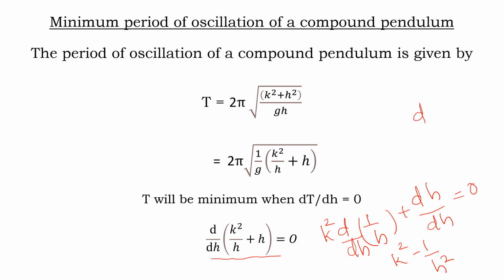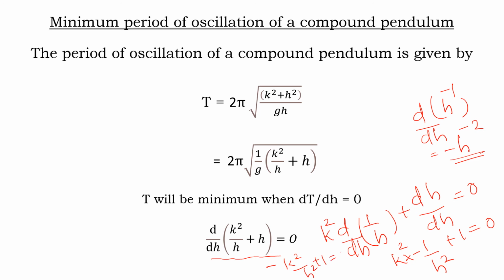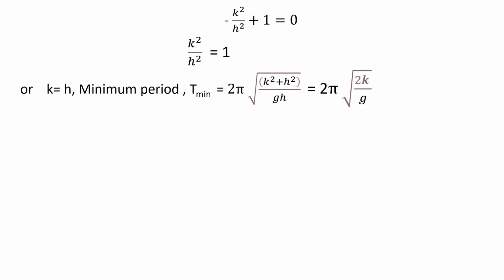We know that d by dh of h raised to minus 1 is minus h raised to minus 2. That is, k square into minus 1 by h square plus 1 is equal to 0, or minus k square by h square plus 1 equal to 0, or k square by h square is equal to 1, or k is equal to h.